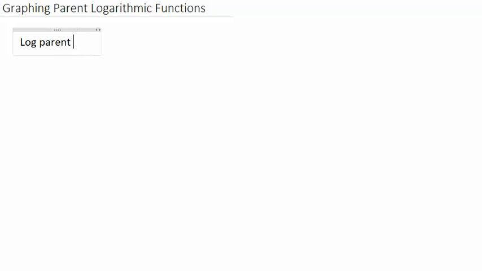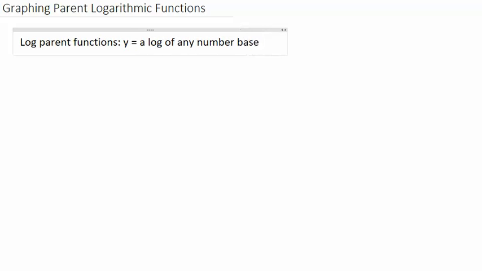So what I'm talking about when I talk about log parent functions are functions that look like y equals a log of any number base of x. Okay, so meaning there's no transformations here.